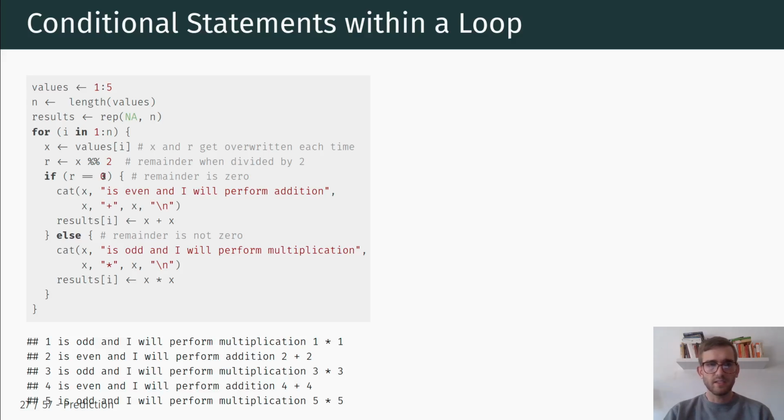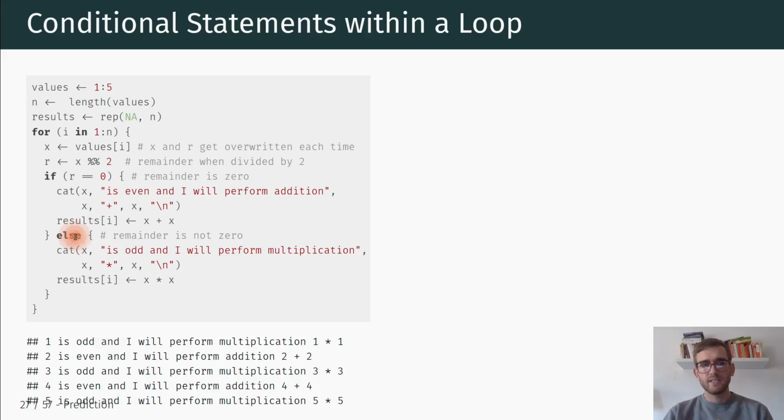That means the value x divided by 2 has a remainder of 0. That means x has to be even, of course. And then we have an output that says x is even, I will perform addition, and we're saving that in the results as x plus x.